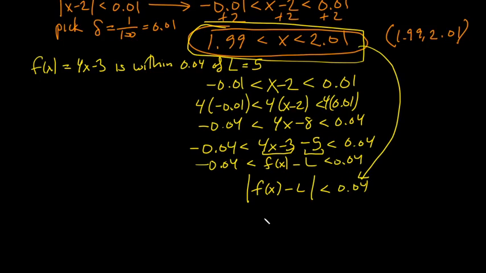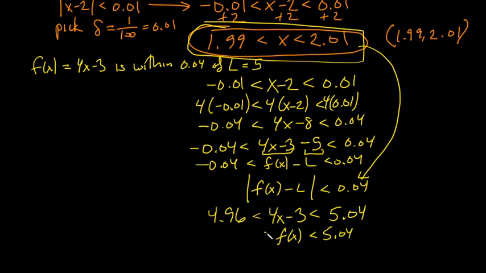Because another way we could say this, the 4x minus 3 is the f of x. That's going to be between 5.04 and 4.96. So as long as f of x is between 5.04 and 4.96, that's essentially saying the same thing as this.